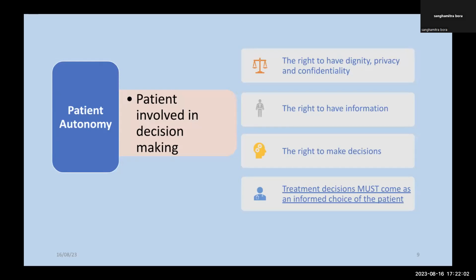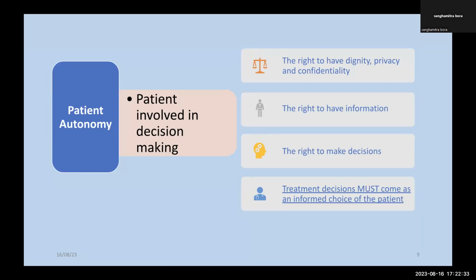Basically the patient has the right to have dignity, the right to privacy and confidentiality. Secondly, the patient has the right to have the information, or more precisely, the correct kind of information. And then thirdly, he has a complete right to make his own decisions, whether it is good for him, bad for him, whatever it is.